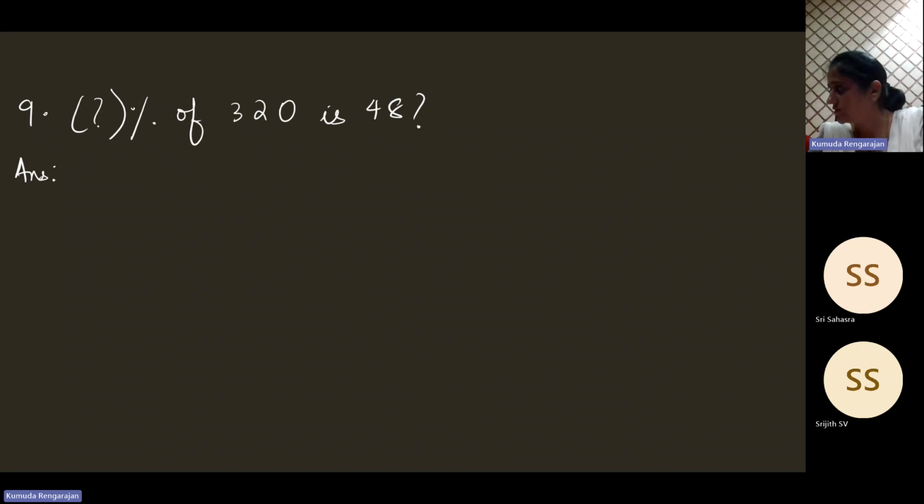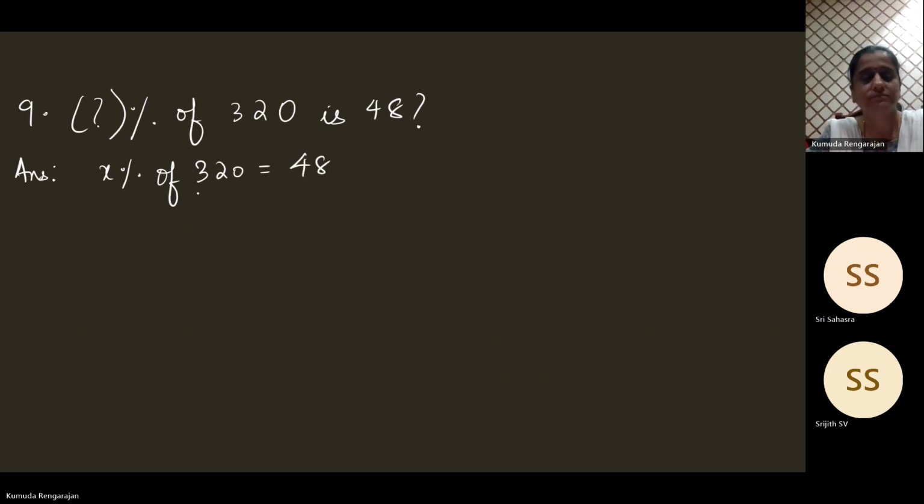One minute, Sahasra. X% of 320. X% means X by 100. Of stands for? Into 320 equals to 48.